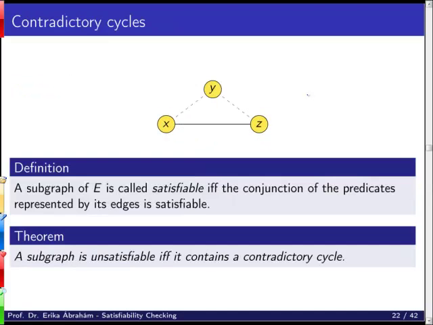So before we continue, if I have a formula and I have this E-graph, then I can cover all conflicts which are due to the transitivity of equality by finding the contradictory cycles in my E-graph. If I have a formula, phi, then I could add the transitivity information making use of this E-graph.